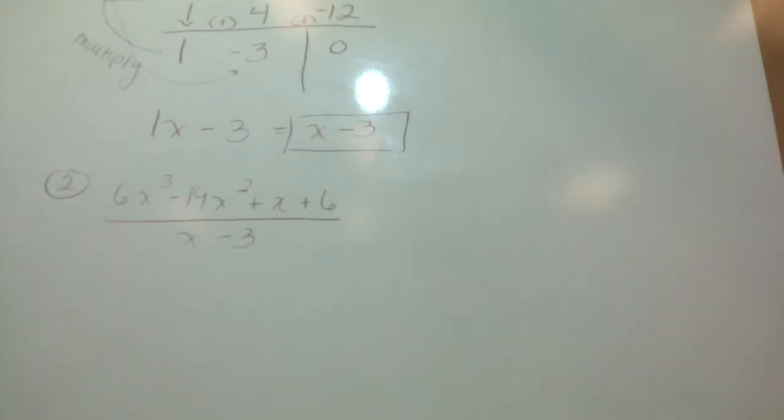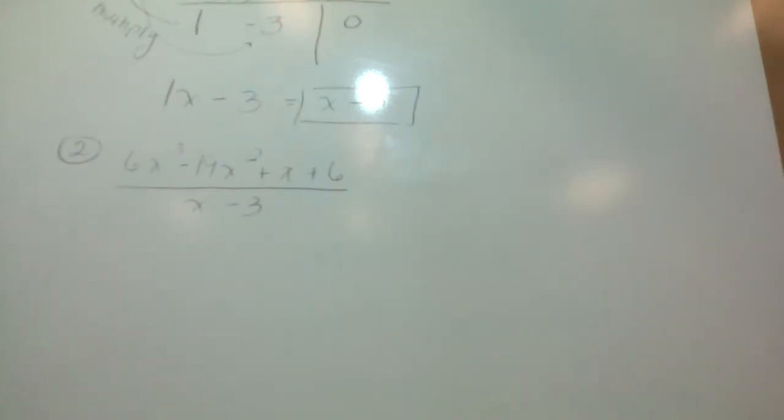I've got 6x cubed minus 19x squared plus x plus 6 divided by x minus 3. Now, if you notice, this is set up a little bit differently than the first problem. In the first problem, I had a division sign and then 2 sets of parentheses, one before the division sign, one after.